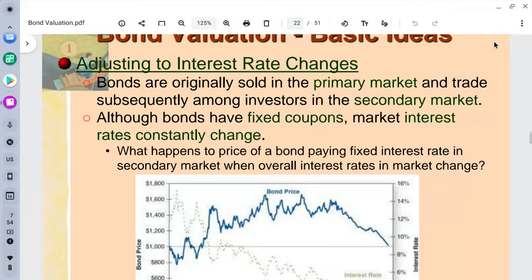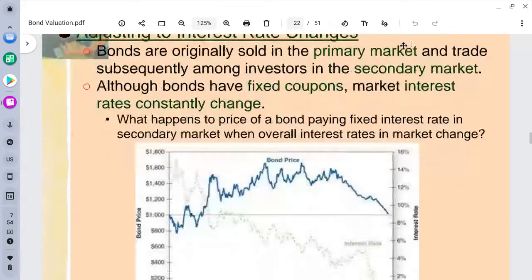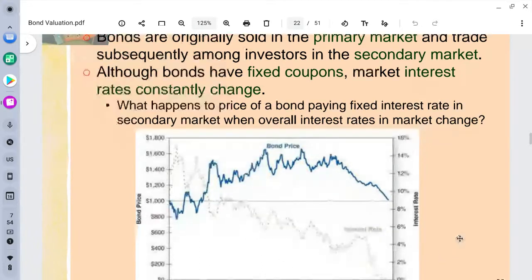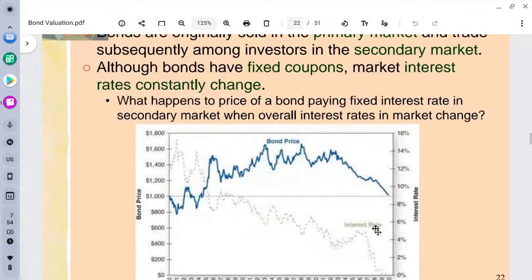But a good thing, the Fed couldn't take a giant step, right? So we see there's an inverse relationship. Clearly, there's an inverse relationship between the interest rate and the bond price. This interest rate means the prevailing rate in the market, right? Of course, when the Fed funds rate goes down, all the rates go down, right?